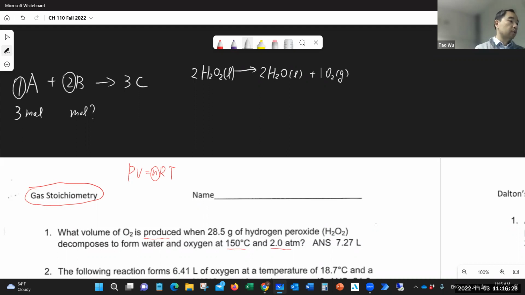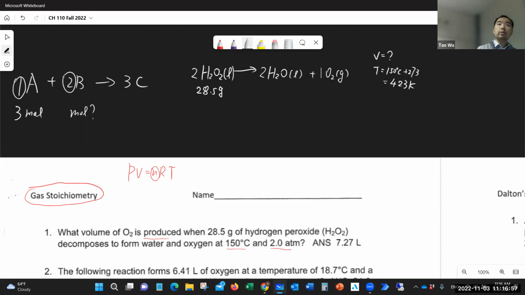We have 28.5 grams of hydrogen peroxide, and they're asking for the volume of the oxygen. But they also give us some conditions, like the temperature, which is 150 Celsius. Again, you add 273 to get Kelvin, and that's 423 Kelvin.